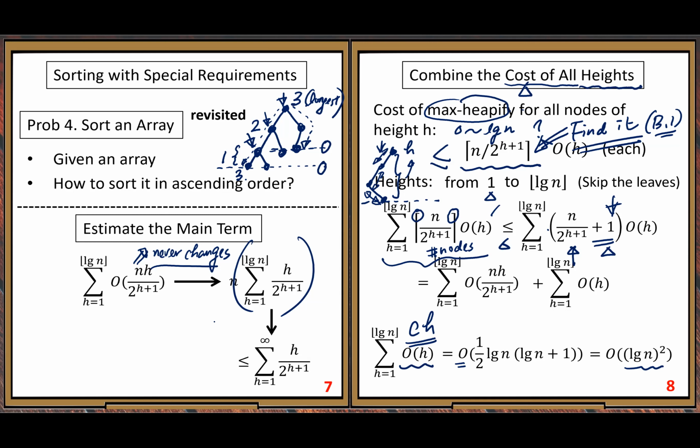How do we estimate that summation part? We change the upper limit. The upper limit is the floor function of log of n. If we replace it with infinity, that means we add more terms, all the remaining terms through infinity.